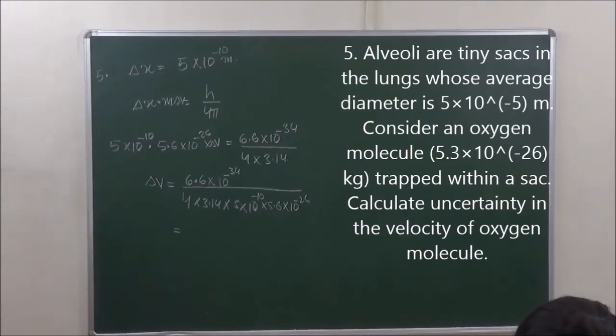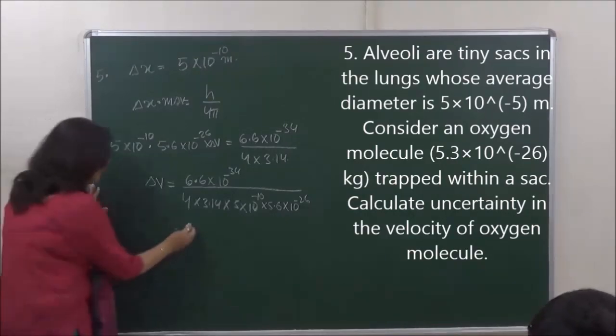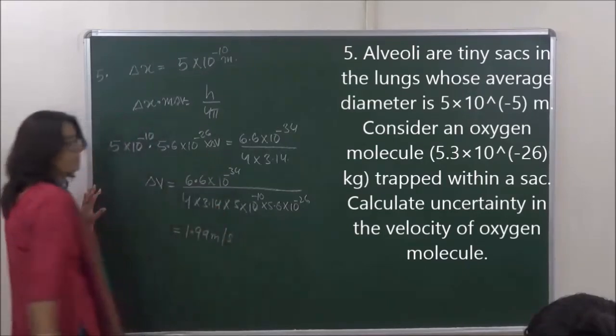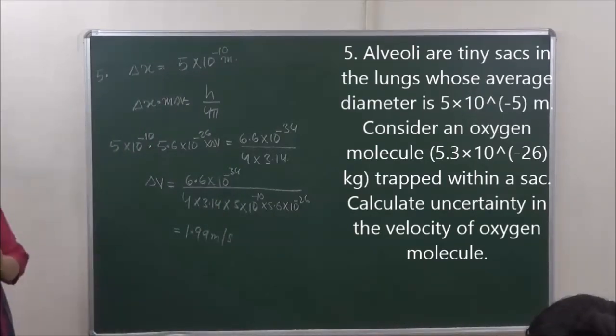So when we calculate this, delta v comes to 1.99 meters per second. Clear? Then the last question, question number 6.